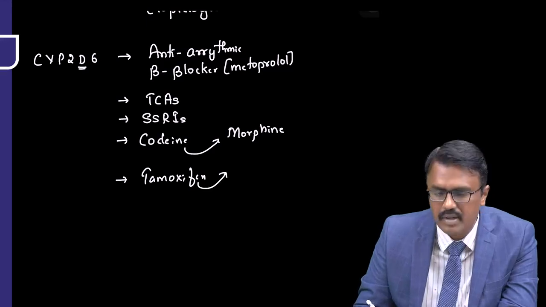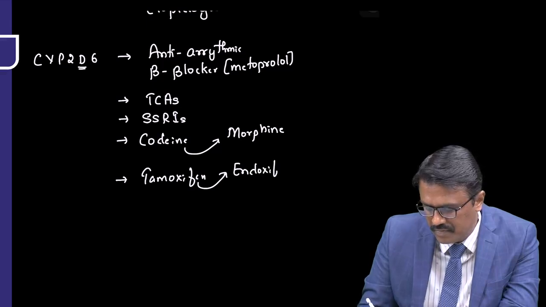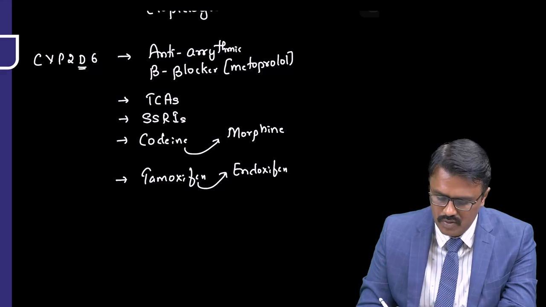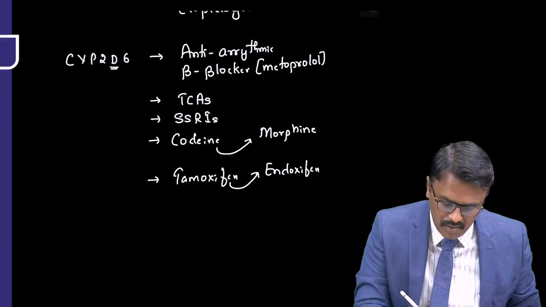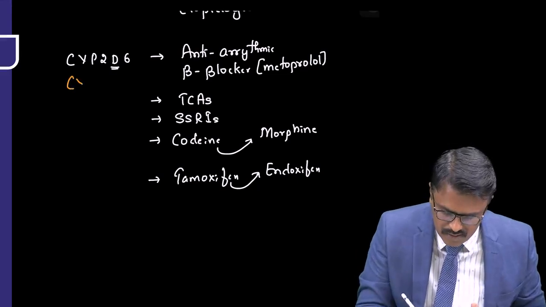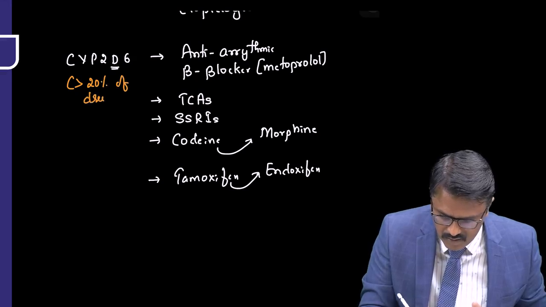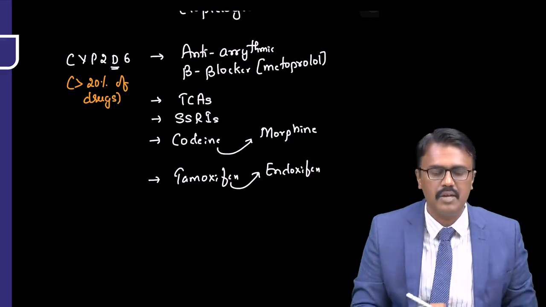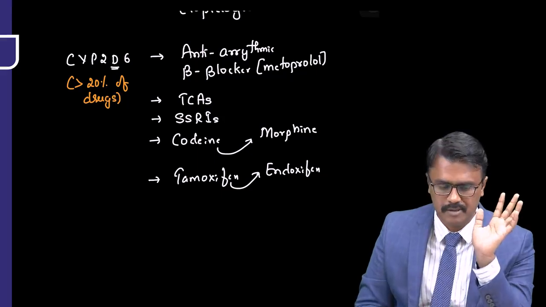It becomes the active form, called endoxifen, and that is also done by the enzyme cytochrome 2D6. Remember, more than 20% of the drugs are metabolized by this. So that's why the questions come from here. More than 20% of the drugs are metabolized by cytochrome 2D6.